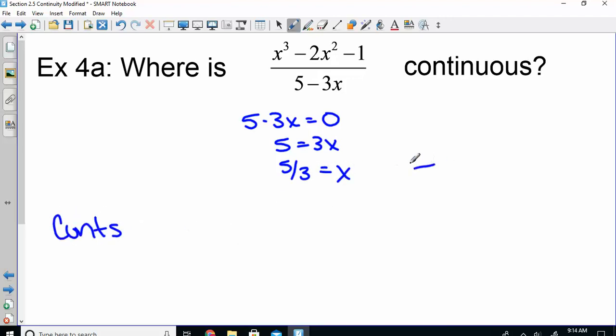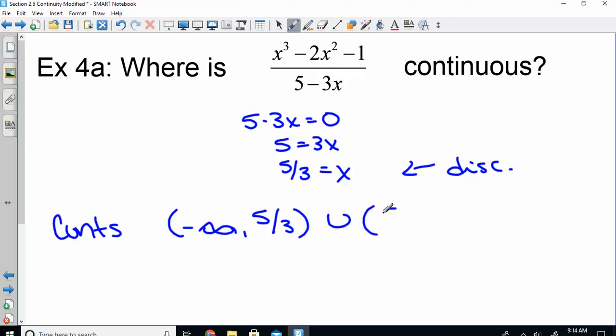So this is continuous everywhere except 5/3. That's where it's discontinuous. So it would be from negative infinity to 5/3, union 5/3 to infinity. So if you have a fraction, you don't even really have to draw the graph. You just have to figure out what makes the bottom 0, and it's not going to be continuous there.